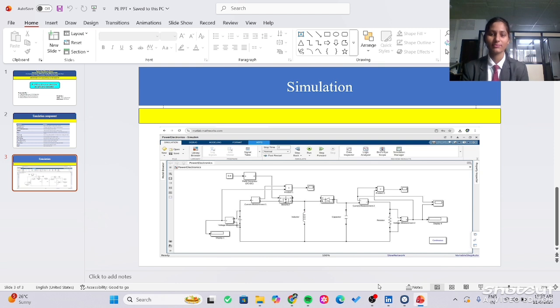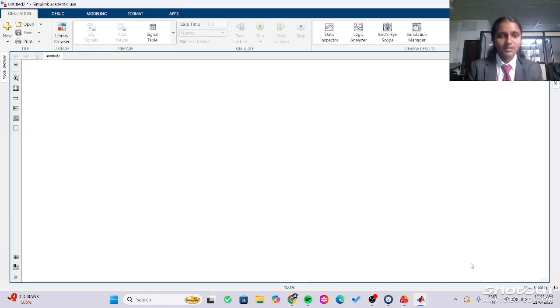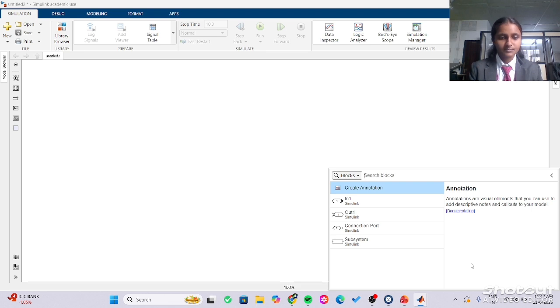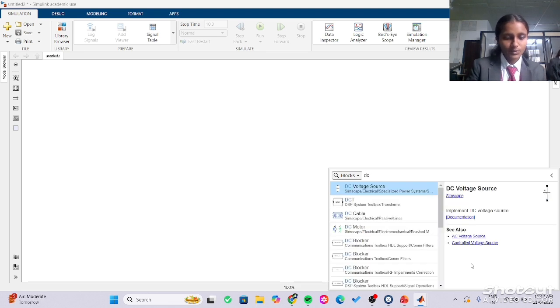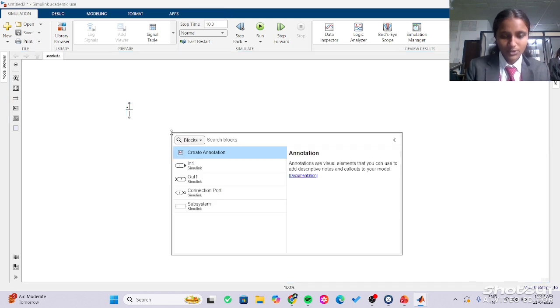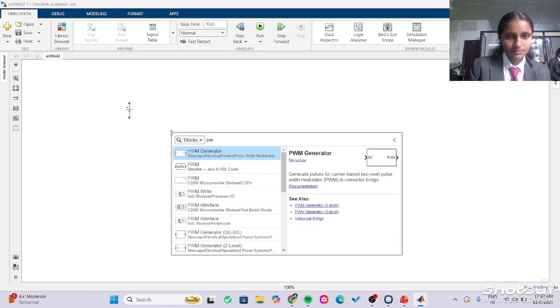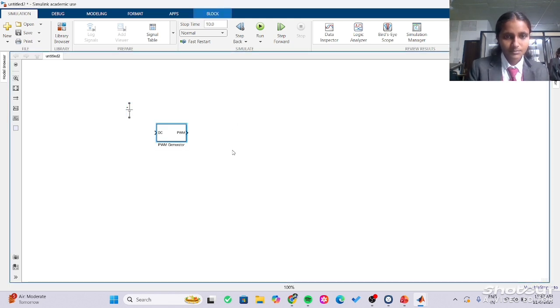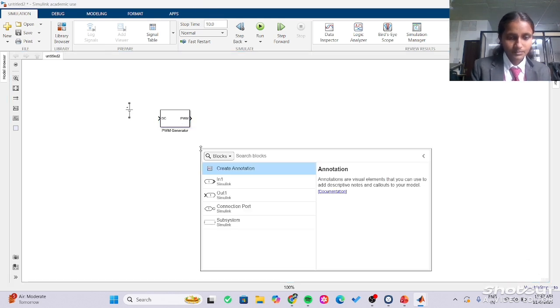So I'm Kalyani. I'm taking the components which are useful for the simulation. First is the DC source. This is the DC voltage source. Now I'm taking the pulse width modulation generator. This is the MOSFET.